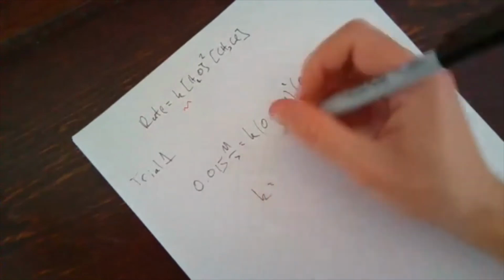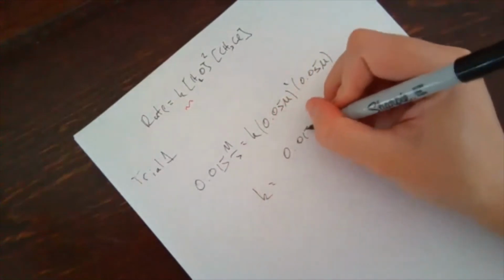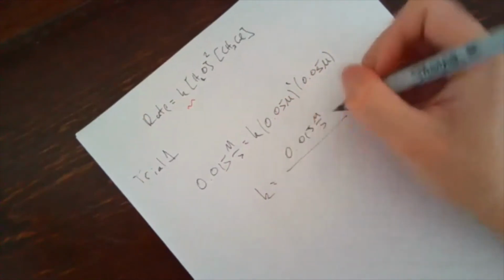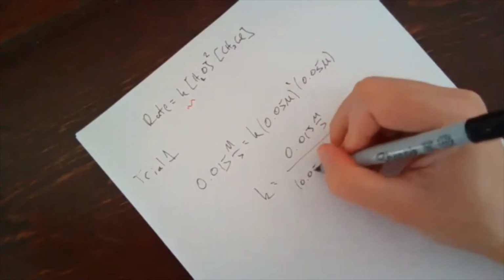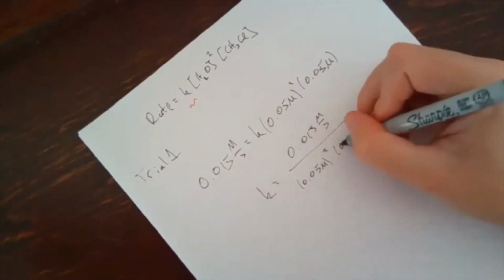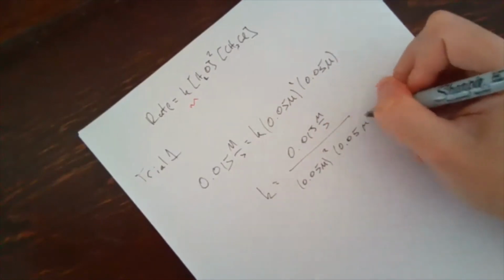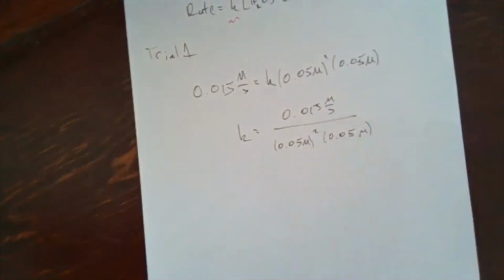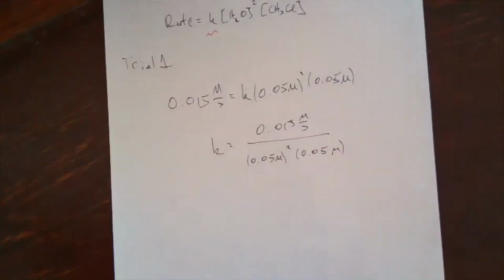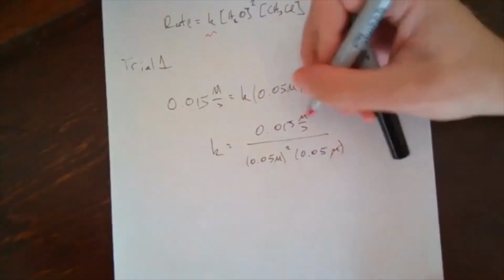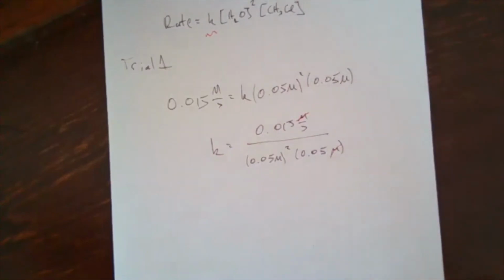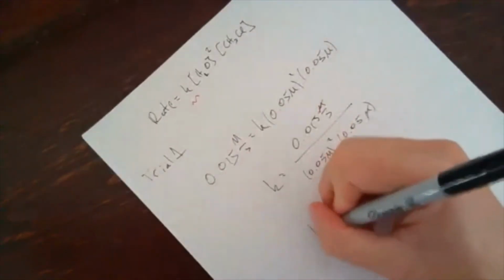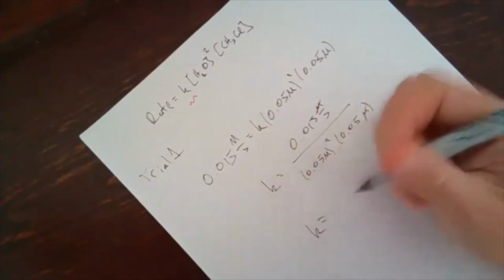So K is going to be equal to 0.015 molarity per second divided by 0.05 molar squared, 0.05 molar. Some units, one of those molarities is going to cancel out. And what we are going to be left with, if we do it numerically, is I think we get 120.